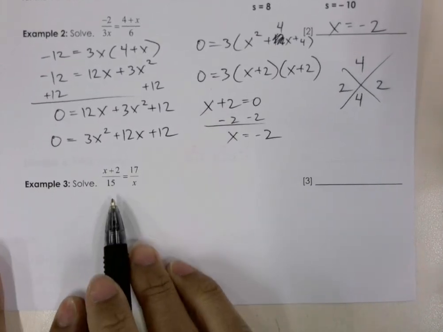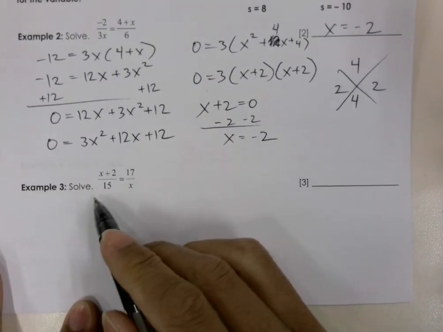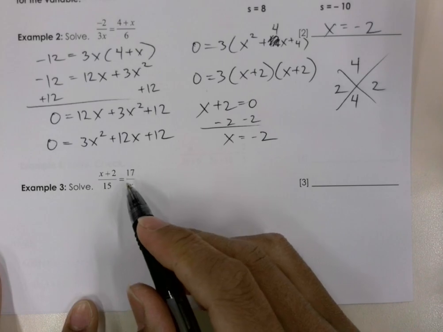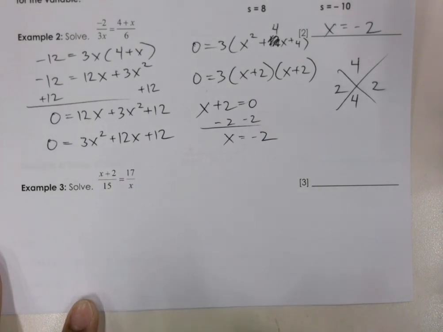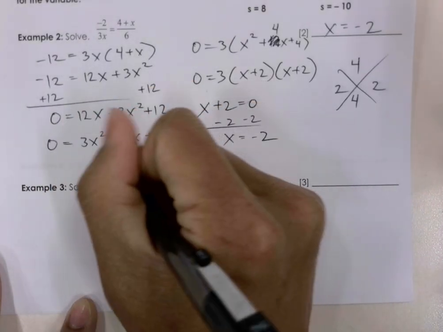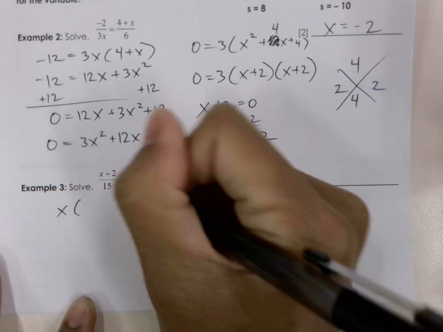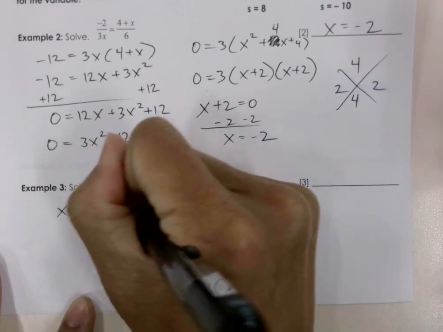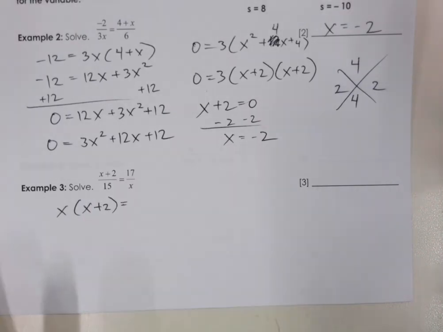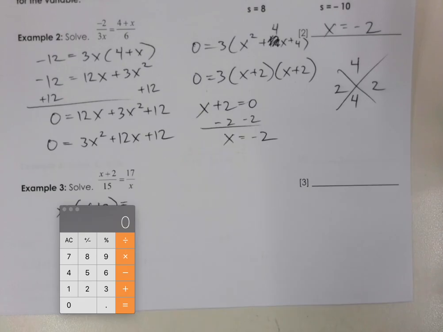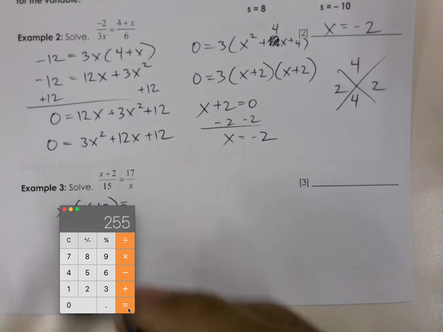All right, let's try another one. So again, we're going to apply the means extremes property and multiply diagonally. So on one side we'll get x times the sum of x and 2, and on the other side we'll get 15 times 17. Let's see. What's 15 times 17? 15 times 17 is 255.